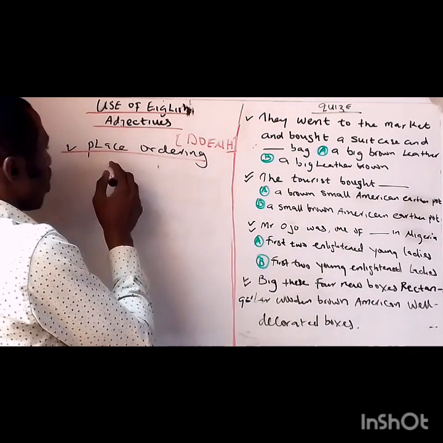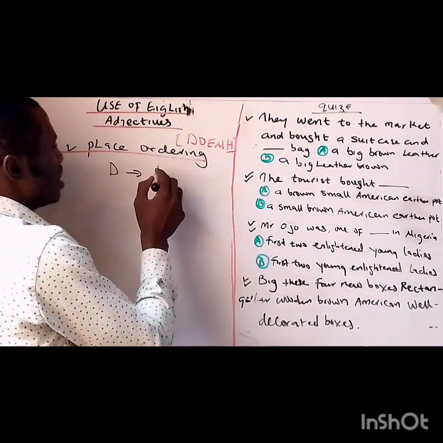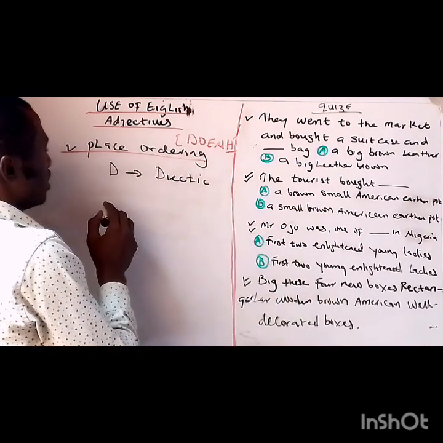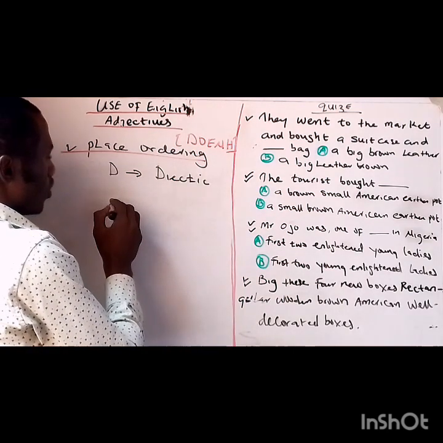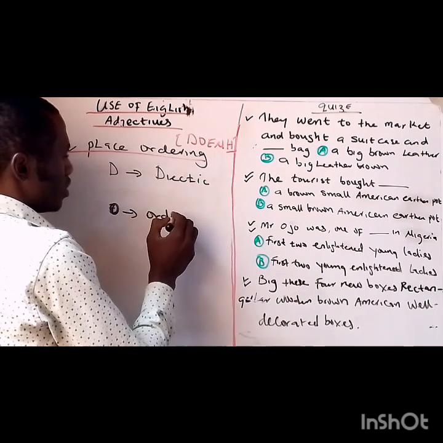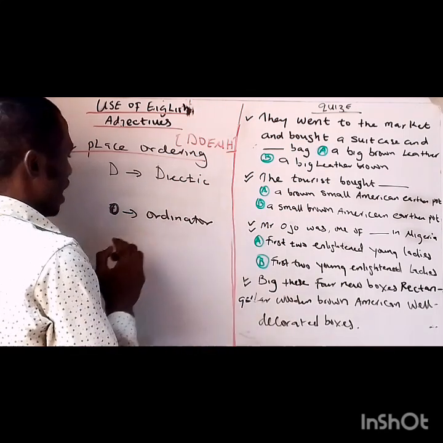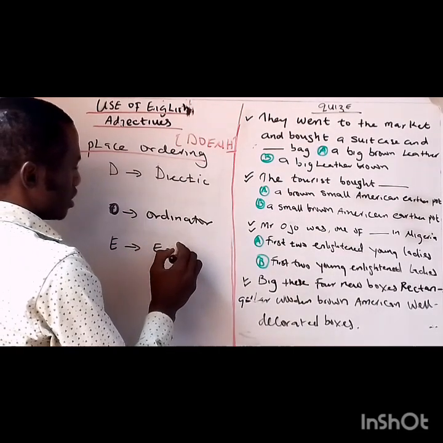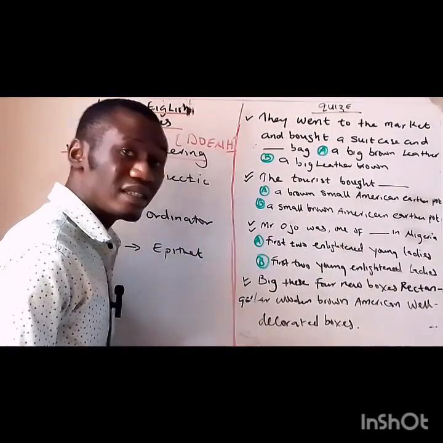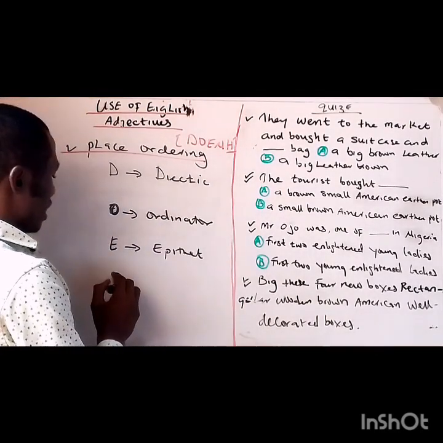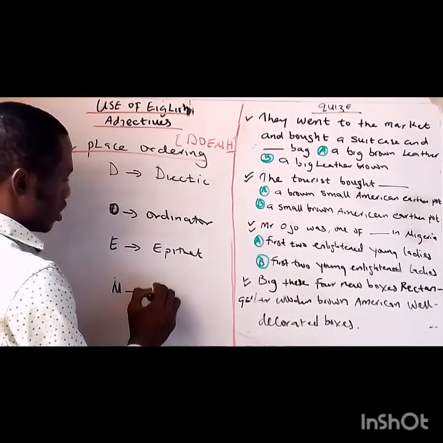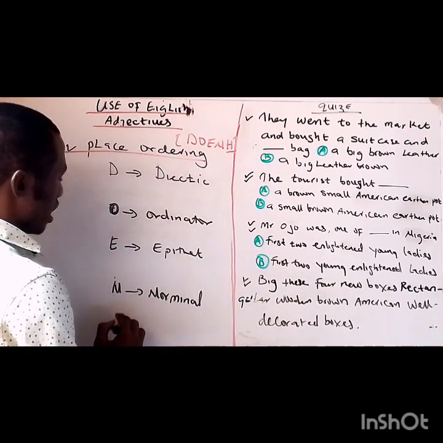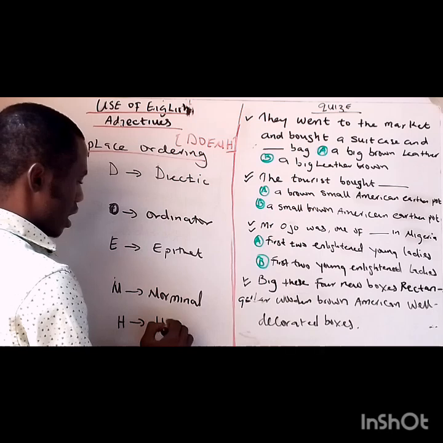Now, what does the word D mean? D means deictic, and then E or O means ordinator, and then E means epithet. Then N means nominal, and then H means the head.